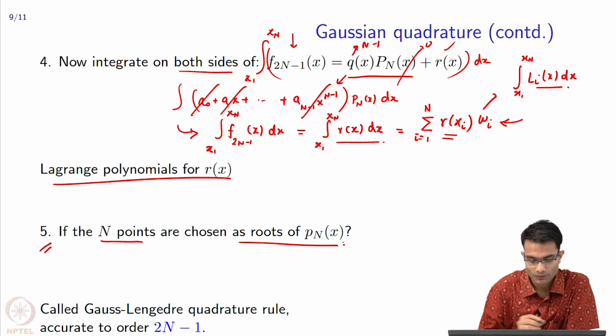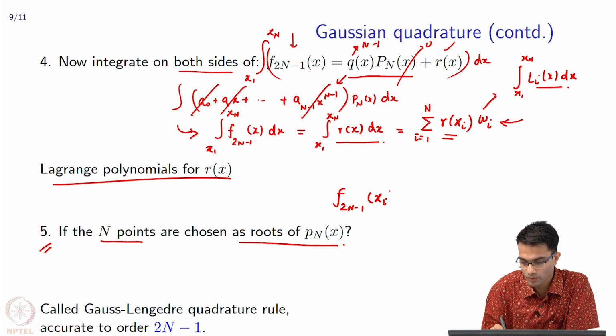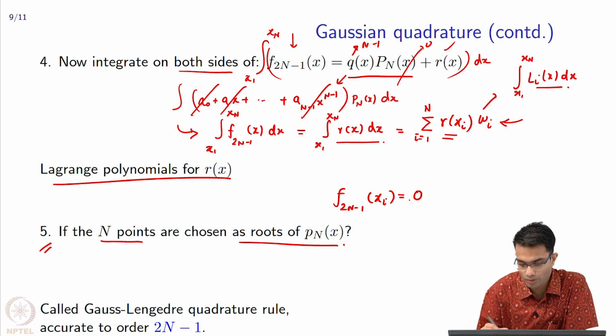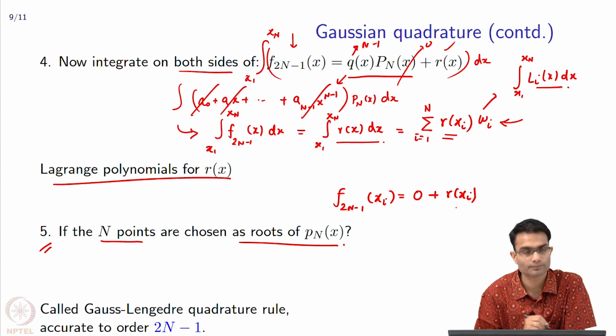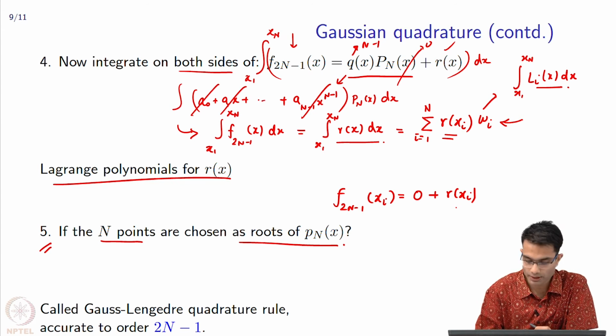Okay. So, what can I say about f_{2n-1}(x_i)? What will its value be equal to? Right. So, it will be 0 because it is the root of P_n(x), plus r of x_i, right.